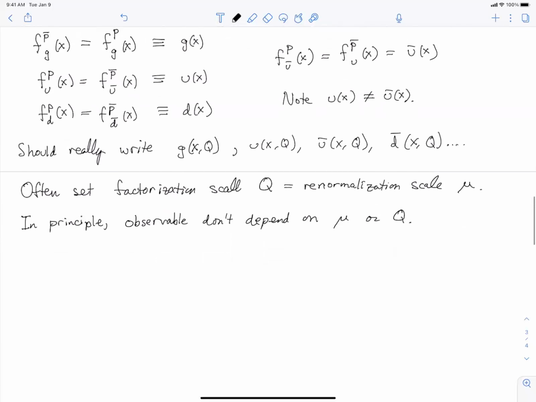Okay, but in practice, if you actually calculate, you'll find that if you truncate your calculation at fixed order in perturbation theory, which we always do, because nobody knows how to sum up all orders in perturbation theory, then your answer will depend on these. And so the dependence gives you a check. The check is that the calculated dependence, as opposed to the actual dependence, should be mild.